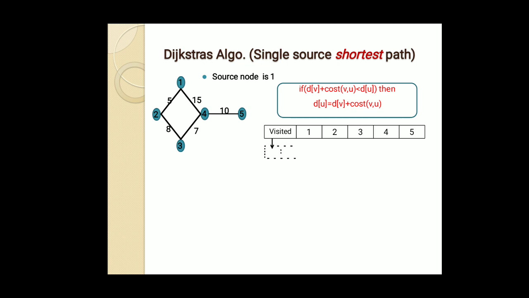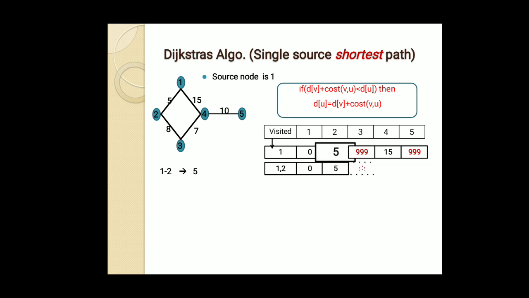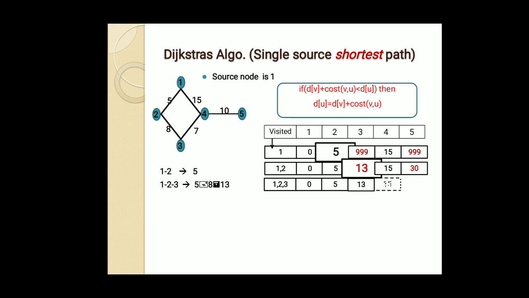So I'll just go with respect to the values there, right? As you can see, we have come up with the final solution. So it would be 1 to 2 as 5, 1 2 3 as 13, right? 1 to 4 as it is, wherein there is no other alternative or minimum route I can reach 4.